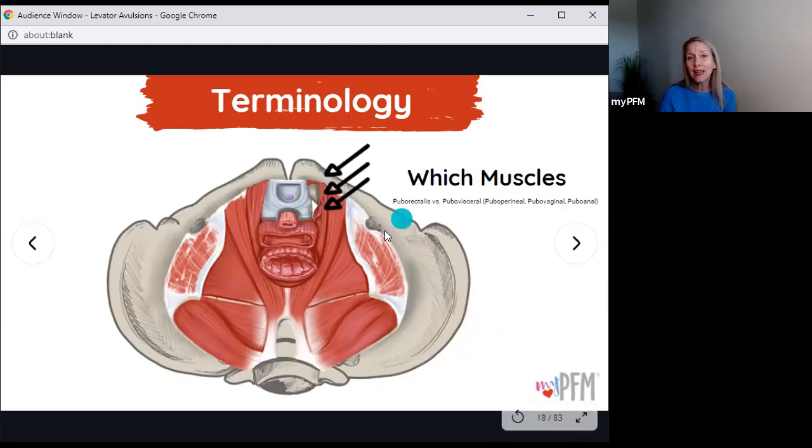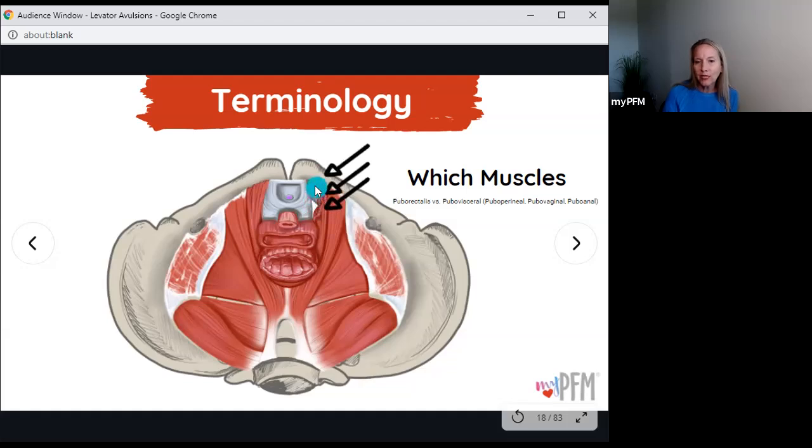Now, in the physical therapy world, and with most of the literature that I've seen and the courses that I've attended, this muscle here, we call it medial, so the muscle that's closest to the inside of the body, right? So closest to the urethral opening.